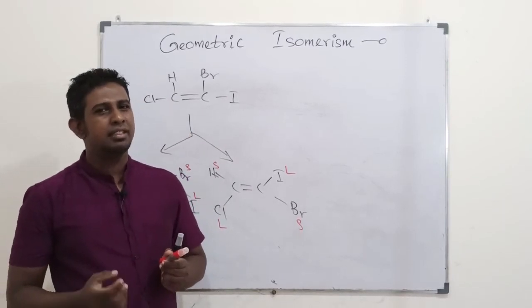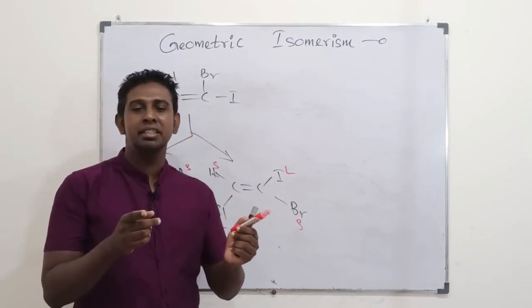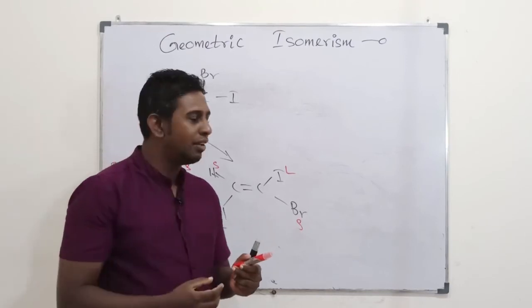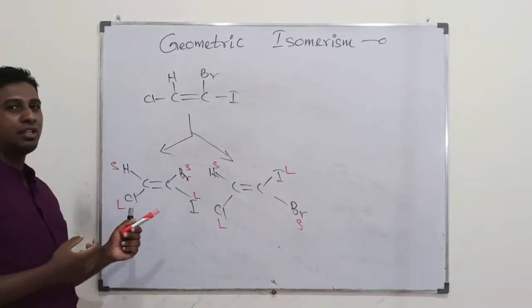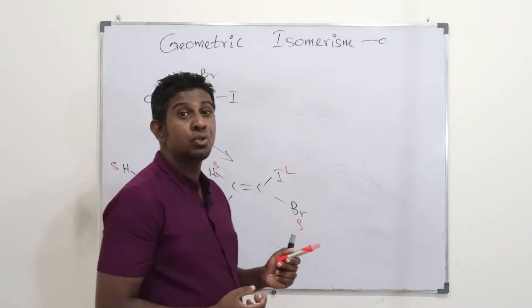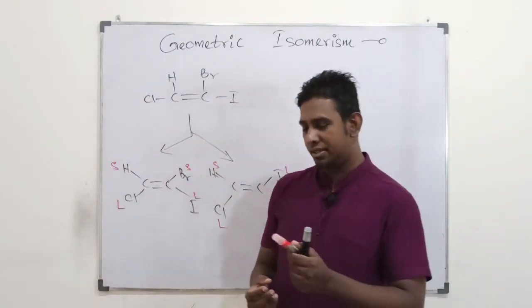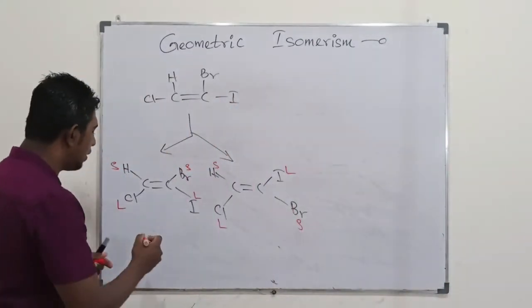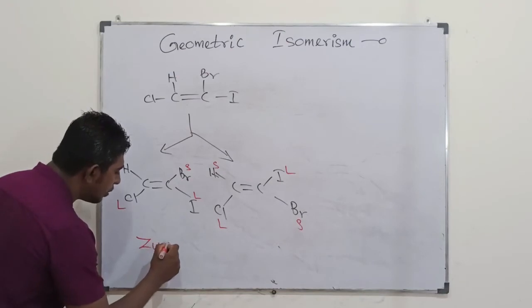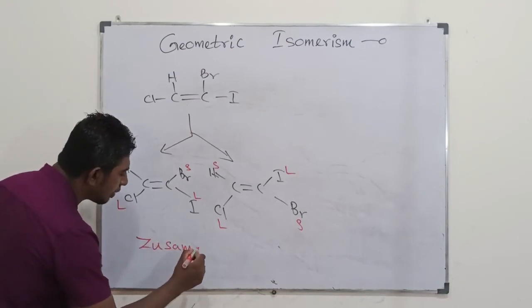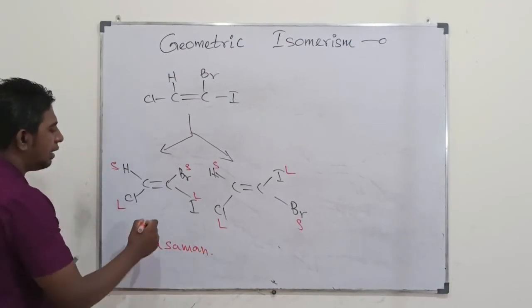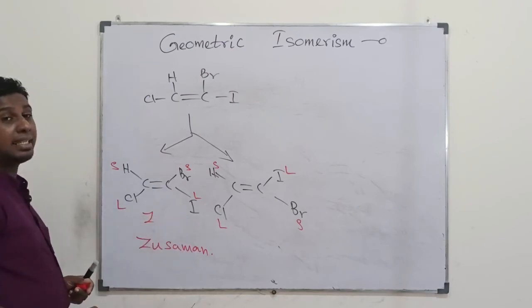Then let's use German. In German, for same side, we get zusammen. Students, it's zusammen. So let's denote it as Z type.